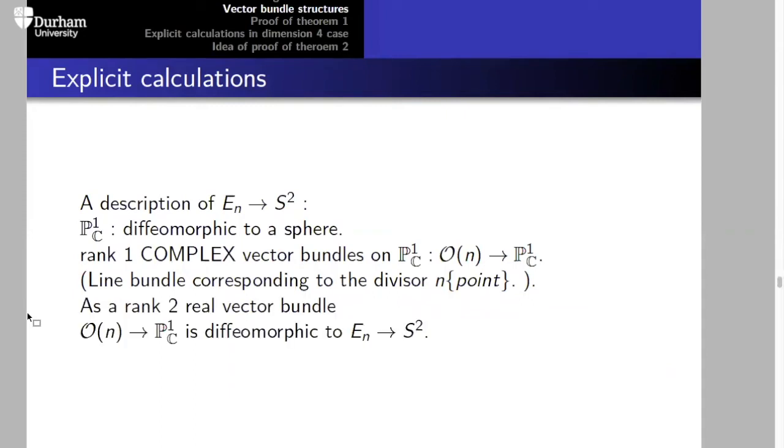If I look at ON over the projective line as a rank 2 real vector bundle, I find that it's just diffeomorphic to En over S2. I'm not going to do the calculations here, but it's quite easy to do. You just look at the transition functions. So this is just a way to represent the topological bundle En over S2.